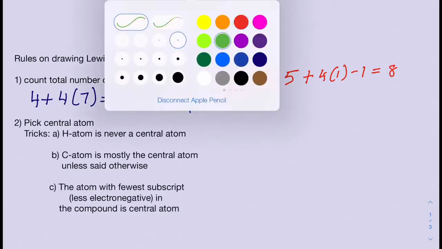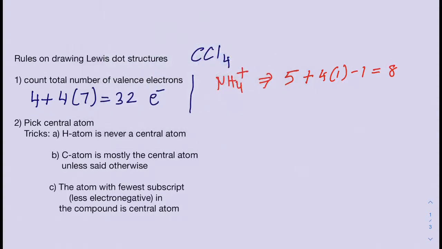Okay, what would happen if you have a negative charge? The negative charge means it's an electron-rich molecule, so you have extra electrons in there. Let me take an example of CO3 2 minus, that's called carbonate. In this particular case, carbon has 4 valence electrons, plus I've got 3 oxygens, and each oxygen has 6 valence electrons.